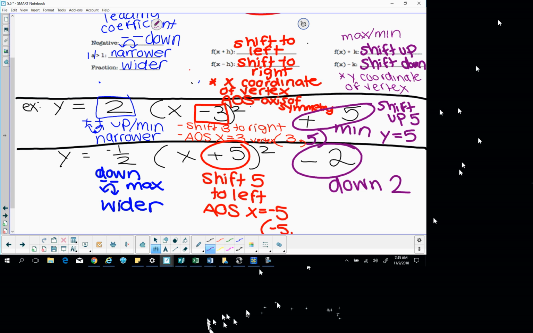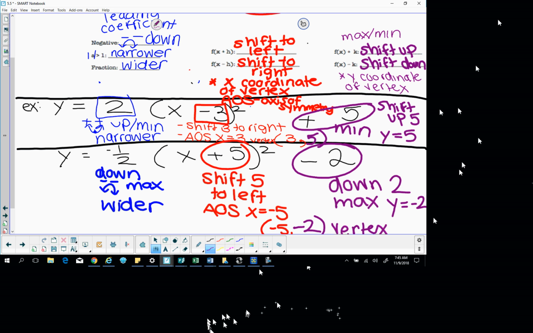It's going down 2. And we also know that our max, because Charlie told us that, is when y equals -2. And that would be my reference. Does that make sense? Okay, cool.